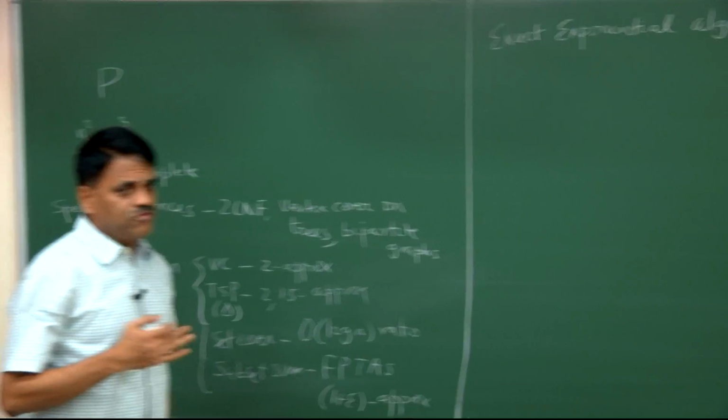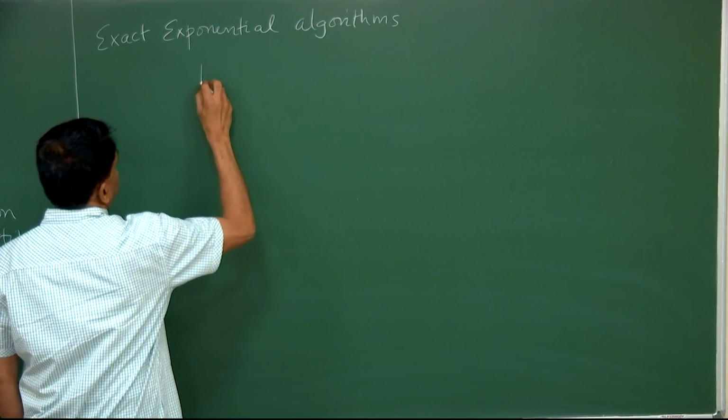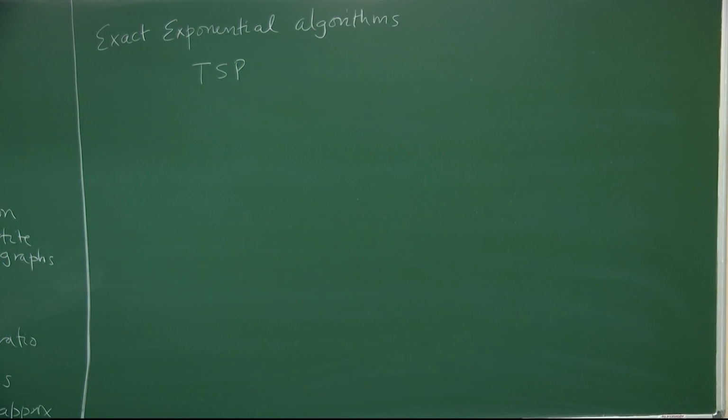We already saw some flavor of this. For example, dynamic programming. When we were looking at dynamic programming, we saw that for the traveling salesperson problem, the naive exponential time algorithm would be to try all possible permutations of your input and pick the one which has the total minimum distance.